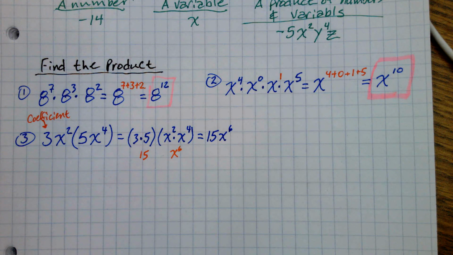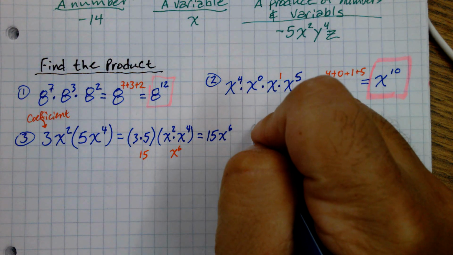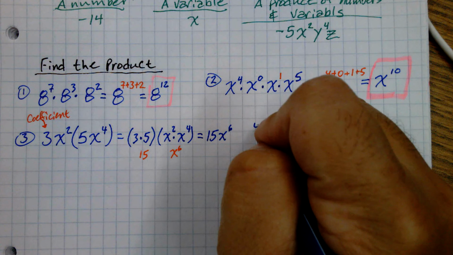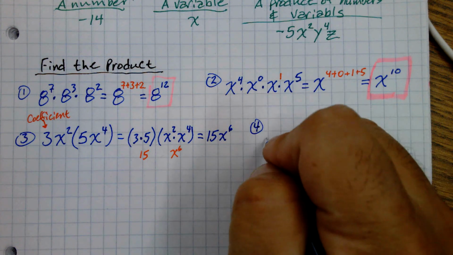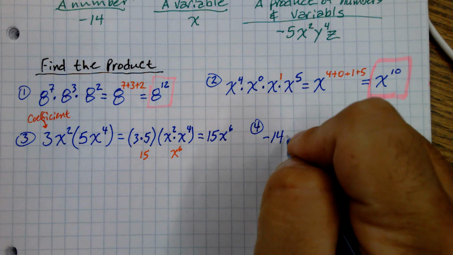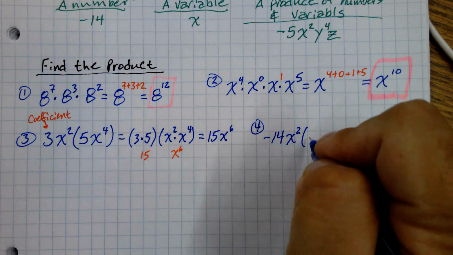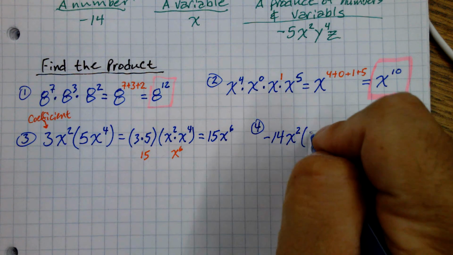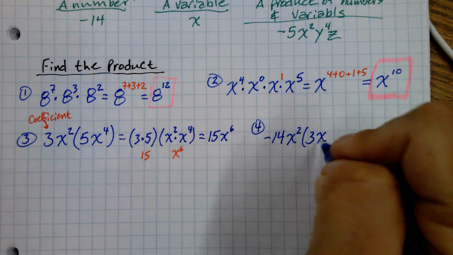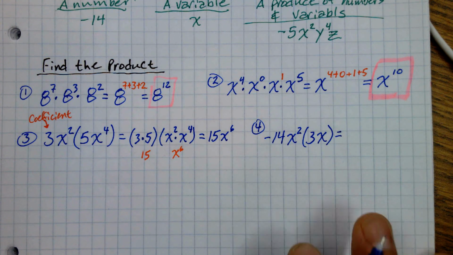Okay? And we can go a little crazy with this. Negative 14x squared and 3x. Let's try that.